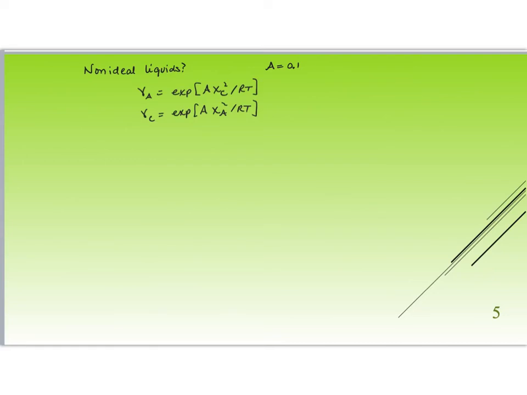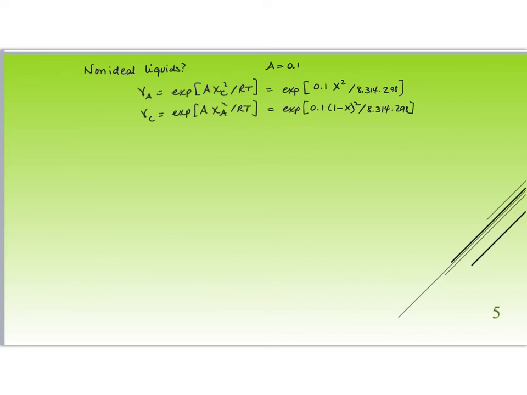And so, therefore, this is going to really just be a function of our compositions, or in this case our conversion, x squared over 8.314 times 298, and this is the exponential of 0.1 times (1 minus x) squared over 8.314 times 298.